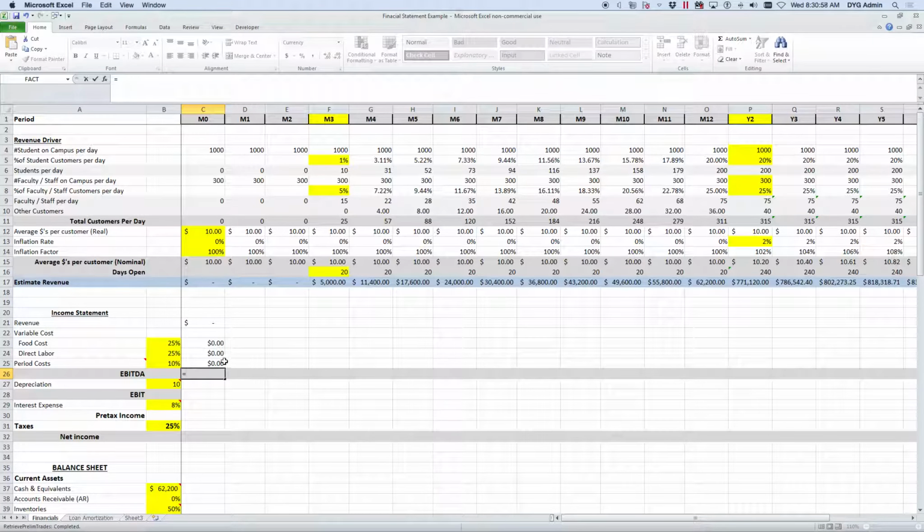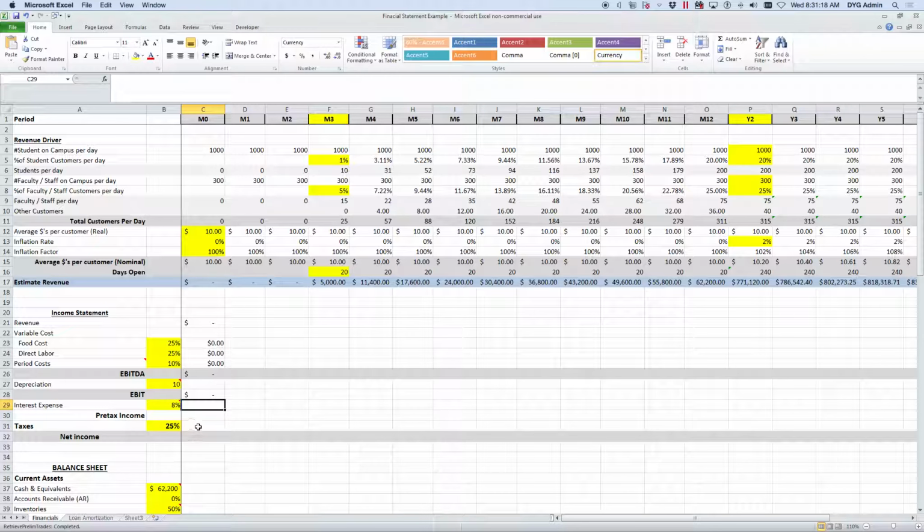EBITDA is just revenue minus the sum of these expenses. EBIT is equal to EBITDA minus depreciation. Pre-tax income is equal to EBIT minus interest.